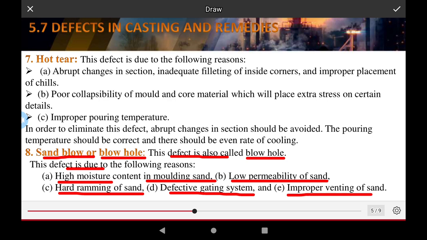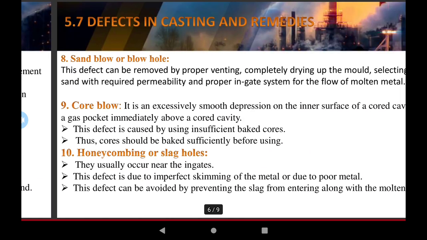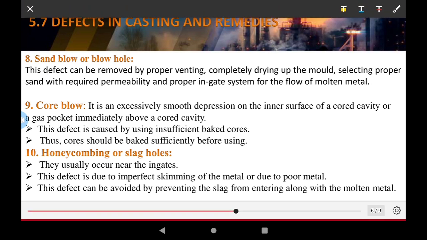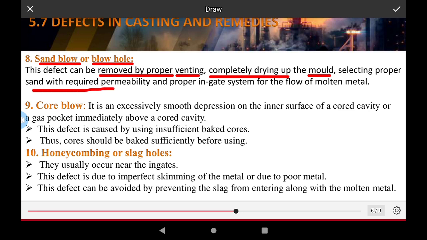Defects in the casting and the remedies for sand blow: the defect can be removed by proper venting, completely drying the mold, and selecting proper sand with the required permeability, and by improving the gating system for the flow of molten metal.